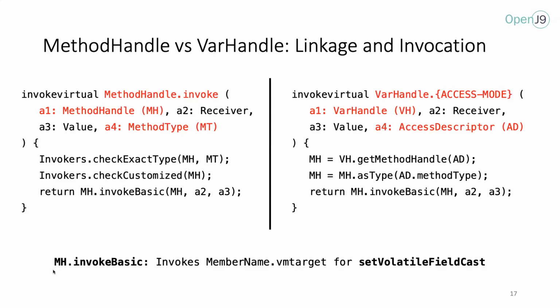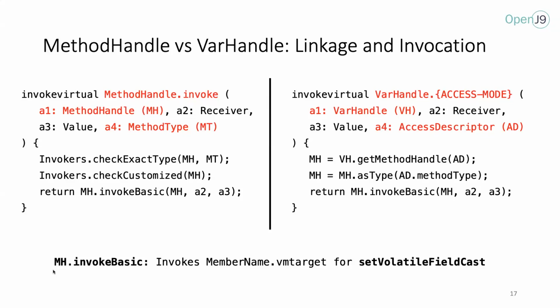Whereas in the VarHandle example, we don't know what the method handle is, so we have to retrieve the method handle from the VarHandle. And to find the method handle for the access mode, we are giving the access descriptor into the API, and it retrieves us the method handle for that access mode, and then we are doing an asType conversion. asType will convert the method handle so that it matches the access mode's method type.